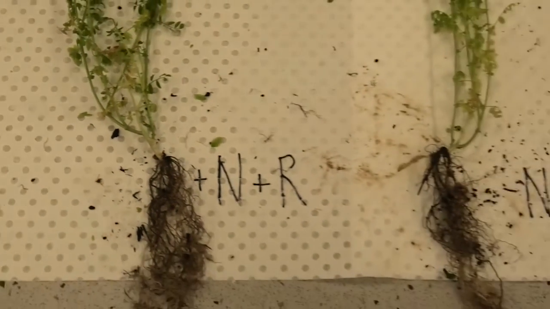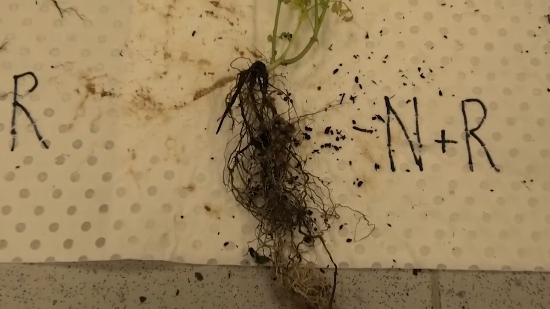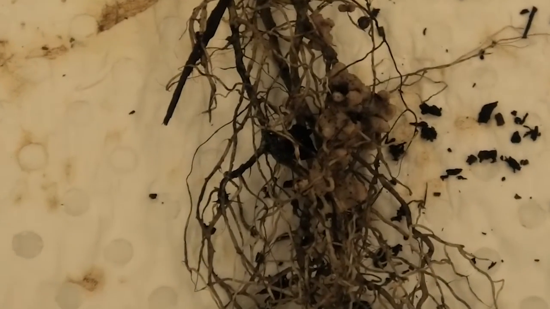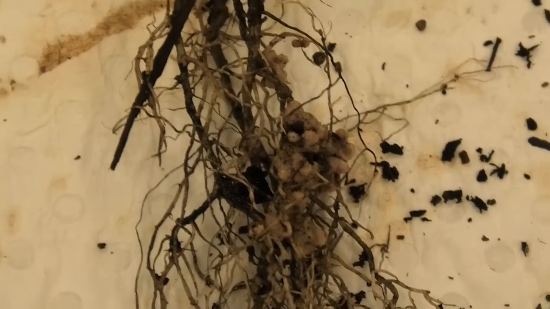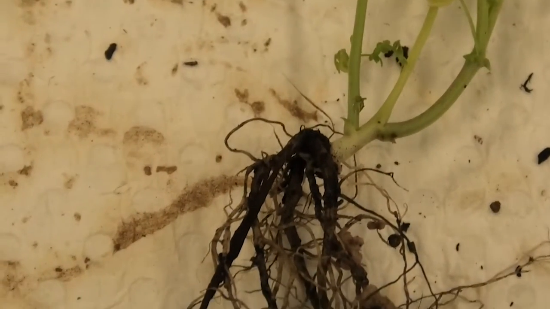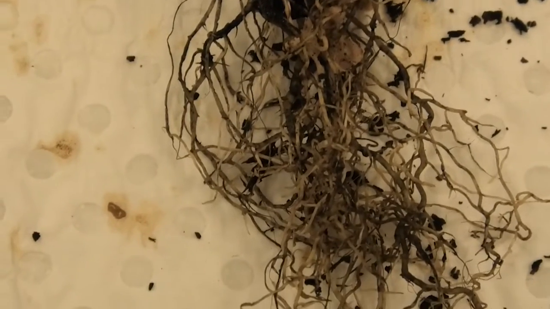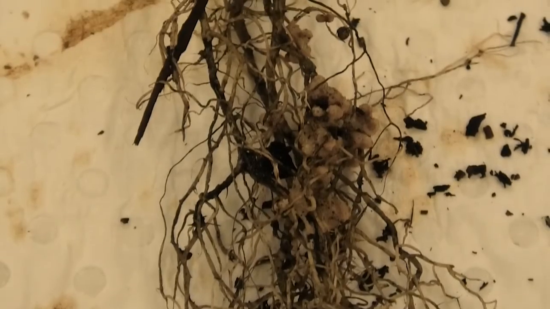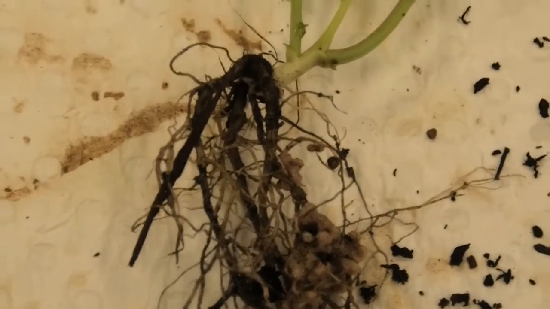And as we move across now to the minus nitrogen plus rhizobia, you see we've got the reverse. We've got, as we're expecting here, a big response, extensive nodulation on the root system here. We've got quite an extensive root system here, and so where we've got no nitrogen in the potting mix, the plant and the rhizobia are responding to form nodulation in this symbiosis.